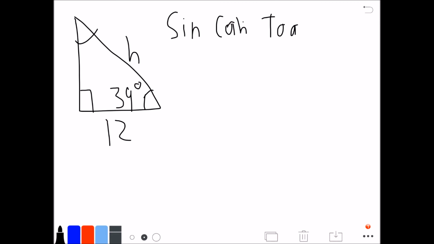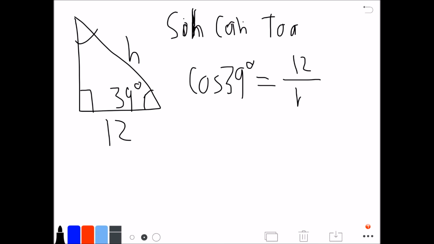Well, it's adjacent, so you would not use sine. You would use cosine, so cosine of 39 degrees equals adjacent over hypotenuse, so 12 over h.